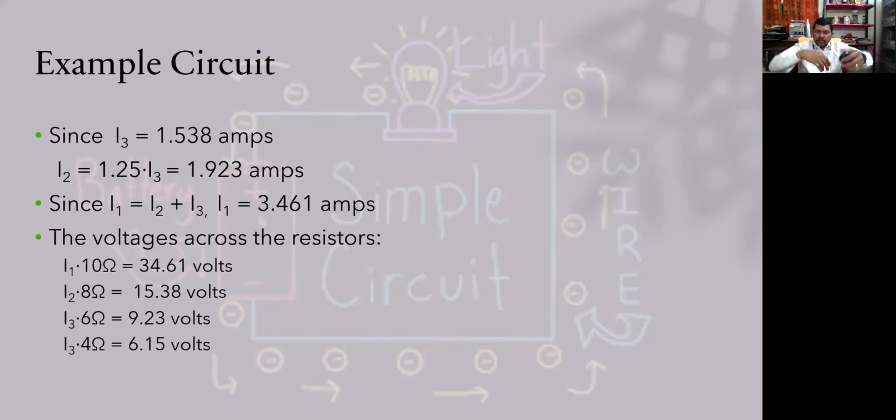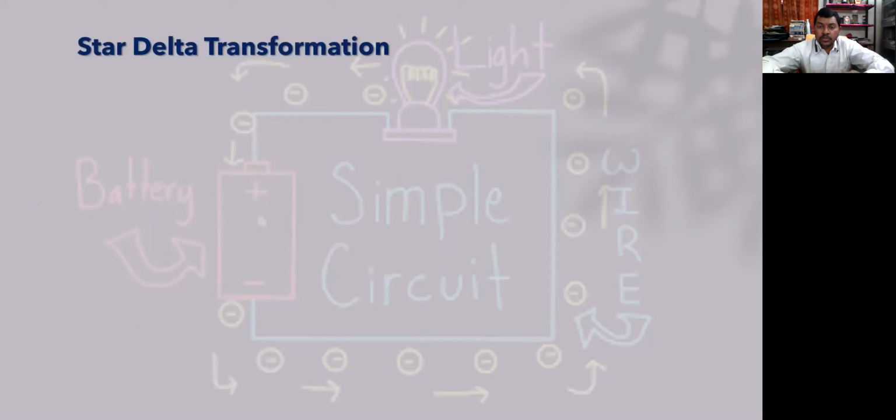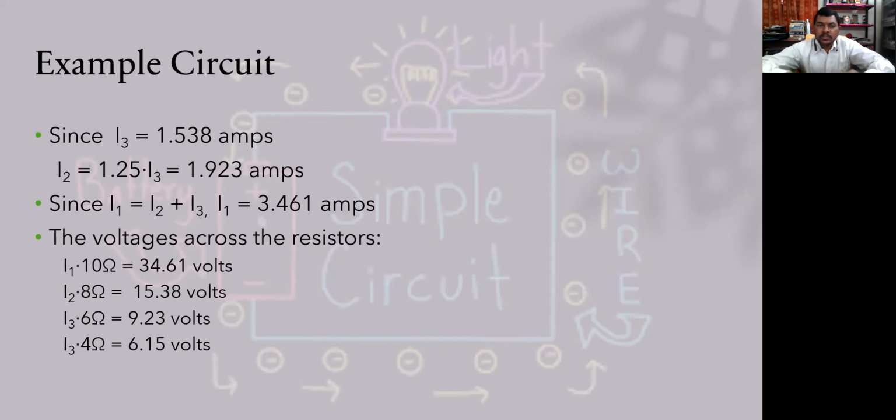So this is how you can calculate it, and these are the voltage drops across the resistances: 10 ohms, 8 ohms, 6 ohms, and 4 ohms. The total voltage across this loop will be 50 volts only. So this is how we can calculate the currents as well as the voltages across the resistances by using Kirchhoff's voltage law and Kirchhoff's current law.